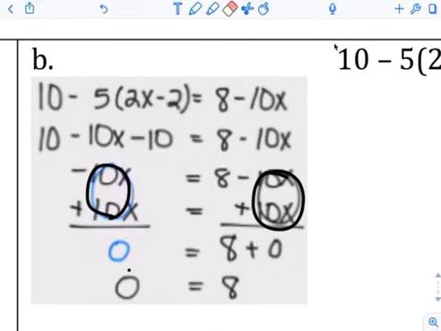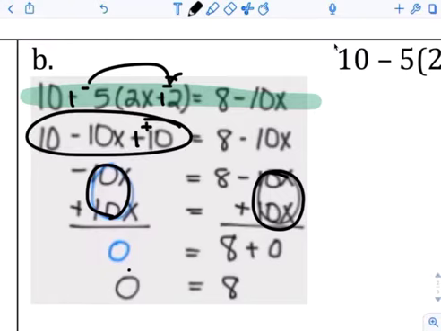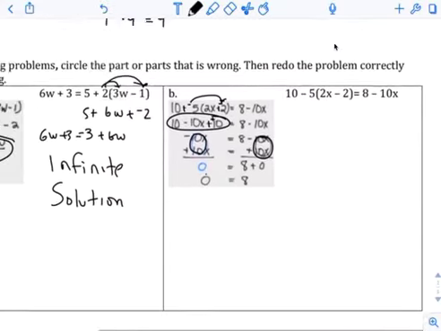Aha. Right here is their mistake. That's a negative 5. Should have been a positive 10. Okay, and then you do the problem correctly.